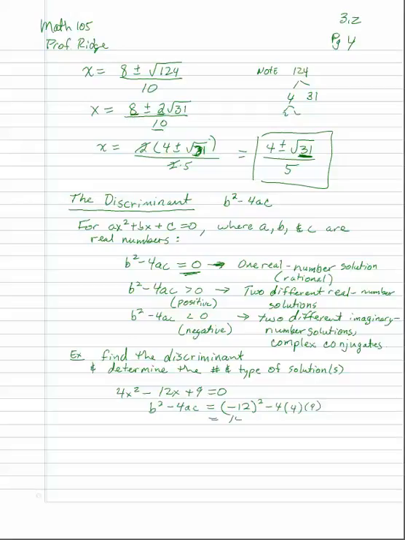So it's 144 minus, is that 144 too? Yeah, it is. So that is 0. So you look at your chart up there, b squared minus 4ac equals 0, so that tells me that we have one real number solution. And that's all you do. Okay, so you'll have a few of those questions in the homework.